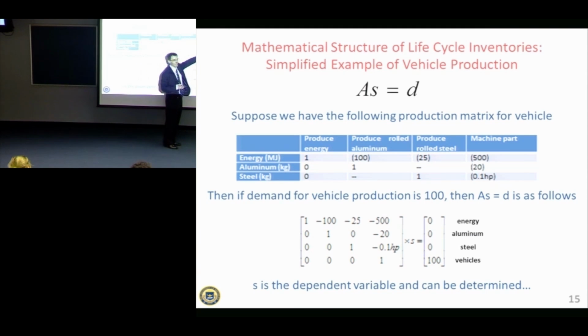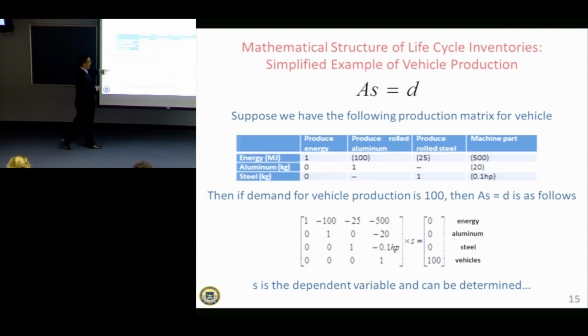So depending on the size of the engine, it's going to be 0.1 times the size of the engine in horsepower, just for fun. So you begin to see how we might introduce design variables into an LCI framework by doing that. I'll say more about that in a minute. Or maybe you just assume it's, I don't know, how many horsepower? 500? That'd be nice.